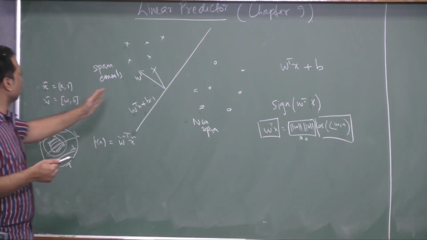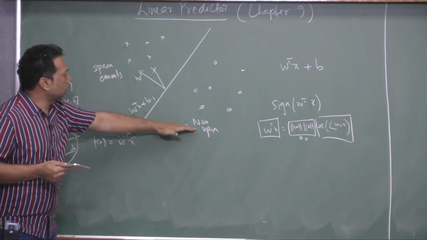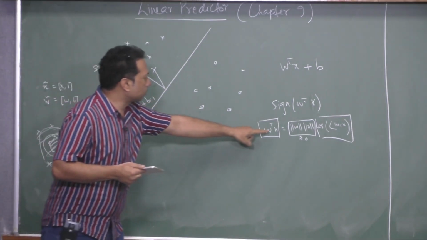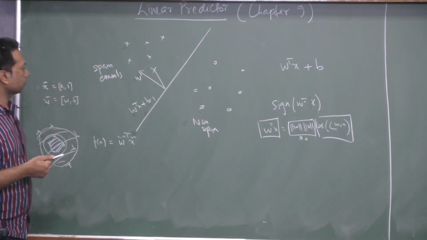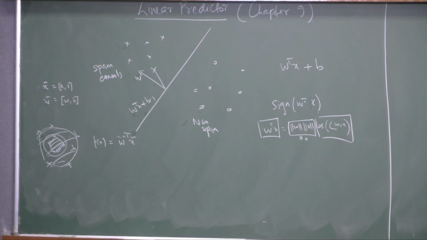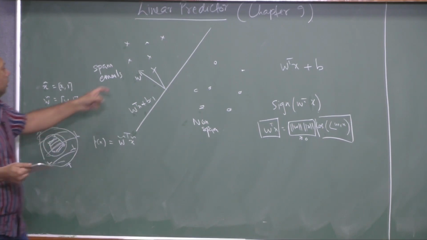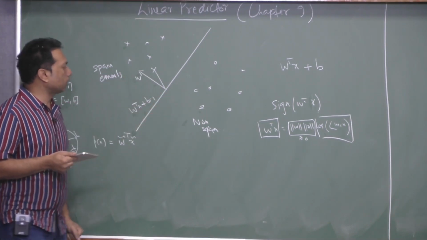In other words, the points will be on this side or that side depending on the sign of W transpose X. That's what we need as an additional step, the sign of W transpose X, and based on that we will learn the classification of these.